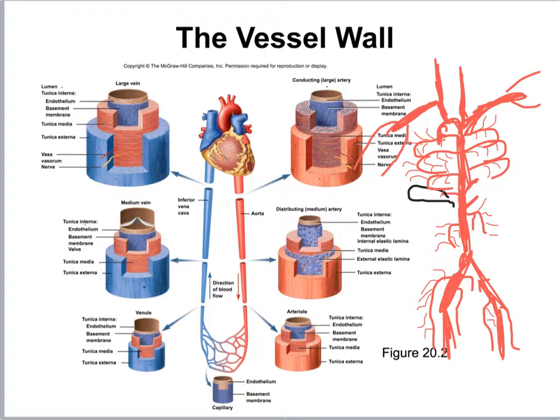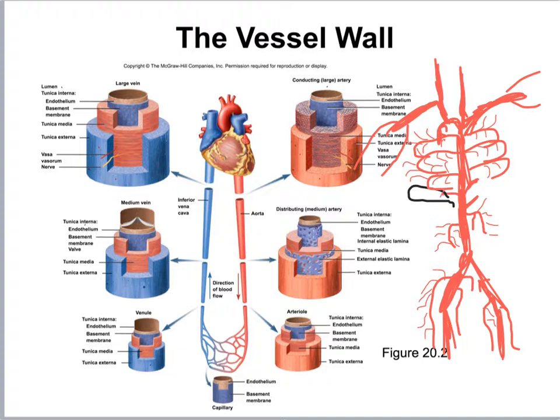Arterioles, since they're really small, and because you have so much of them, these are actually where most of your resistance takes place. So when you send down vasoconstriction or vasodilation signals, for the most part, that's affecting the arterioles. It's not very much affecting your distributing arteries, and not really affecting your conducting arteries at all.